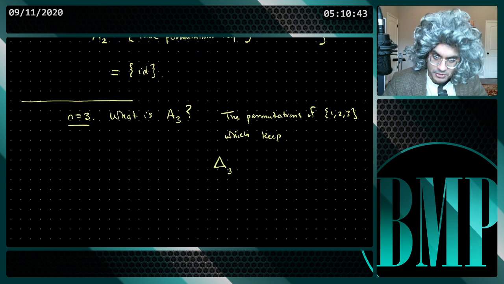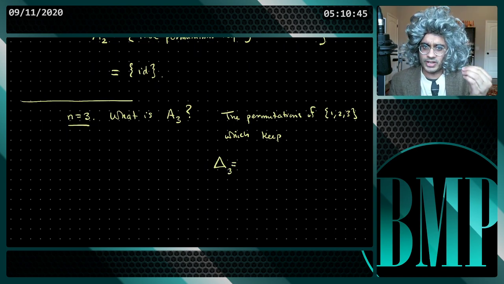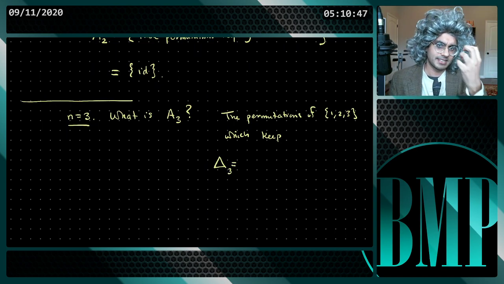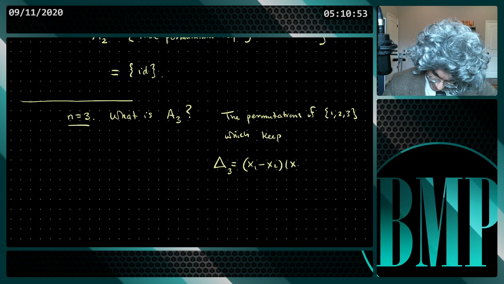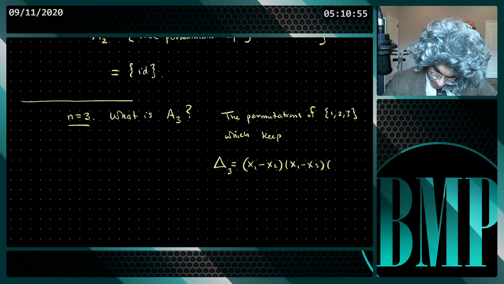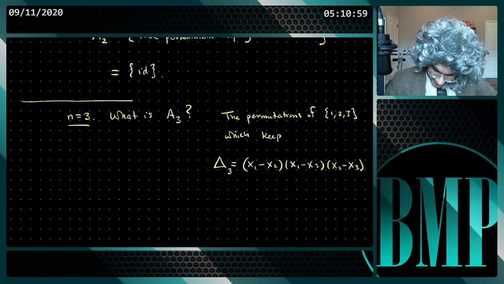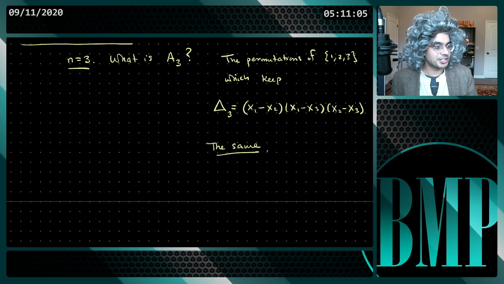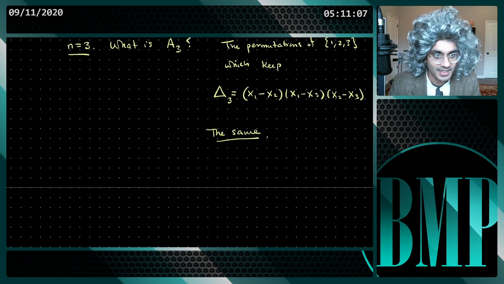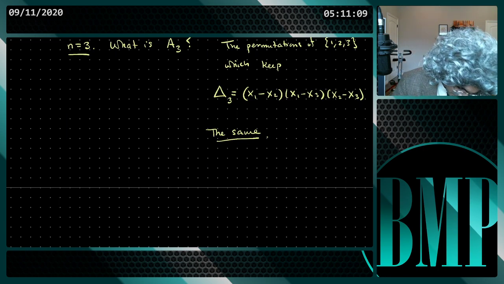Maybe I should put a little subscript now, because it's the third one: (x1 minus x2), (x1 minus x3), and then (x2 minus x3). Which keep this the same. Which preserve it. Which maintain it. All right, so let's look at A3. What's in A3?